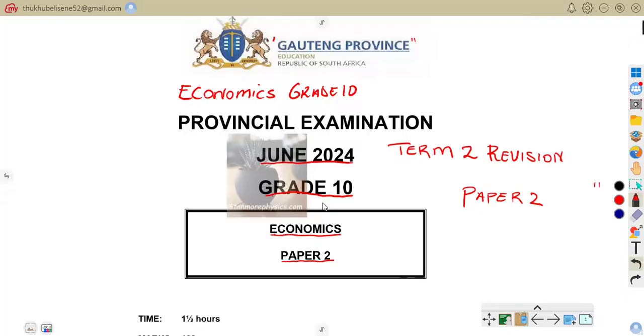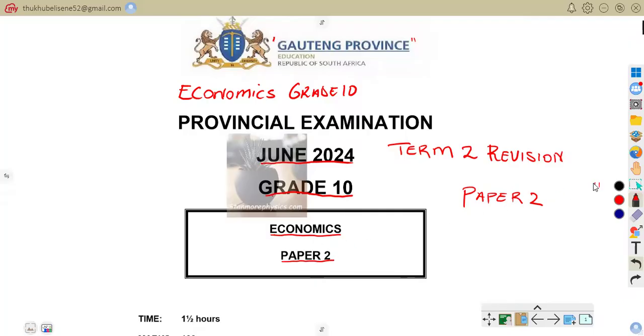We are on Economics Grade 10 revision as we are preparing for the June test that we are going to sit on. So we are on paper 2 of economics. Remember the previous presentation we were discussing economics grade 10 paper 1.